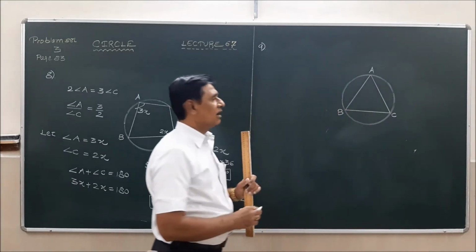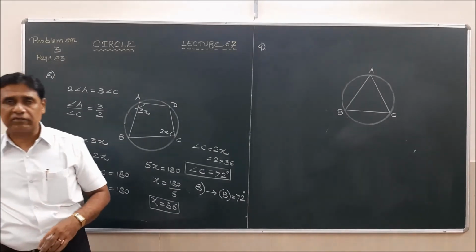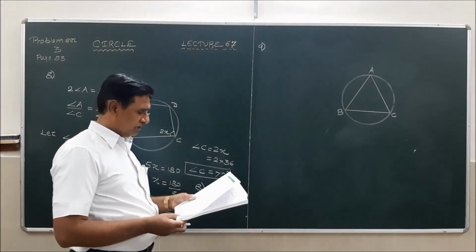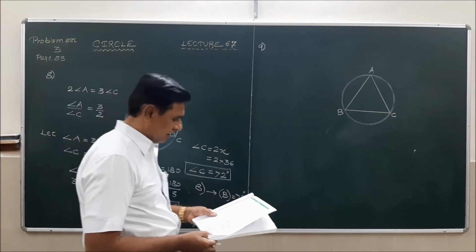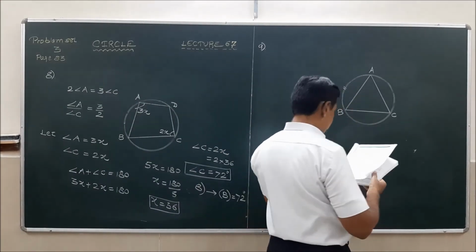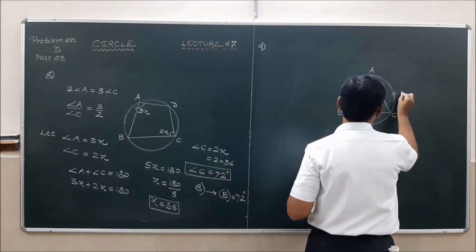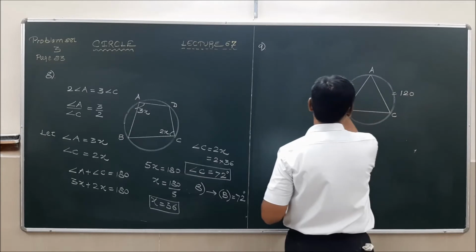Points A, B, C are on the circle such that measure of arc AB is congruent with measure of arc BC. So this is 120. This is 120.